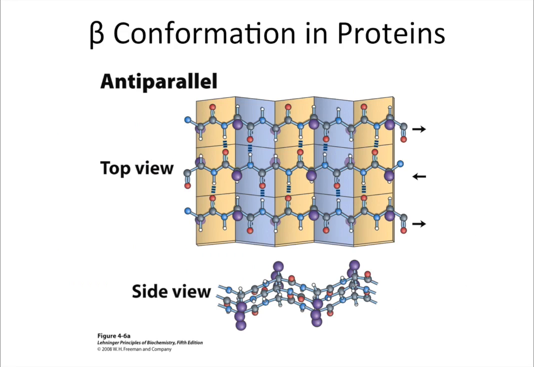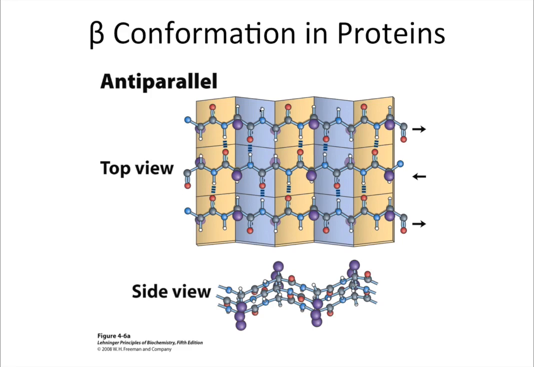That brings us to beta conformation. And beta conformation is essentially a zigzag type structure that's formed by the backbone of the polypeptide. And we essentially have 2 types of beta conformation. We have anti-parallel, and then we also have parallel.